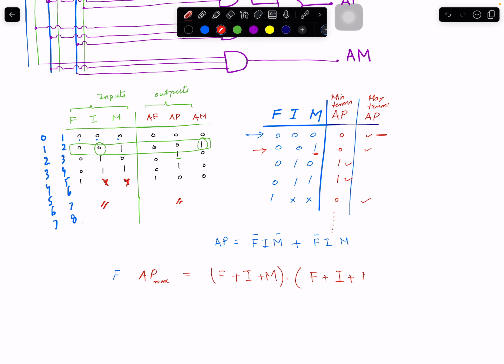So what we do is, again in this case it is 0 when F is 1, that will make it 0. So you see, oh sorry, this one. I'm so used to the product of sums of minterms that I'm also making a mistake. Okay.